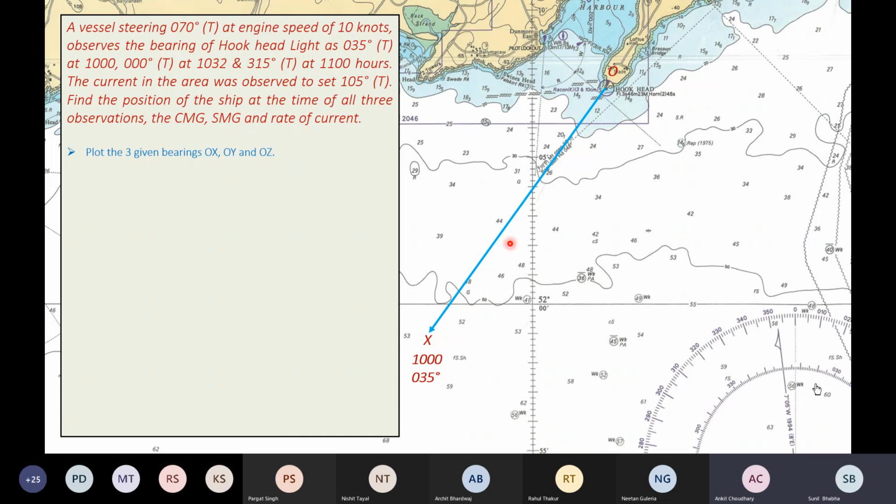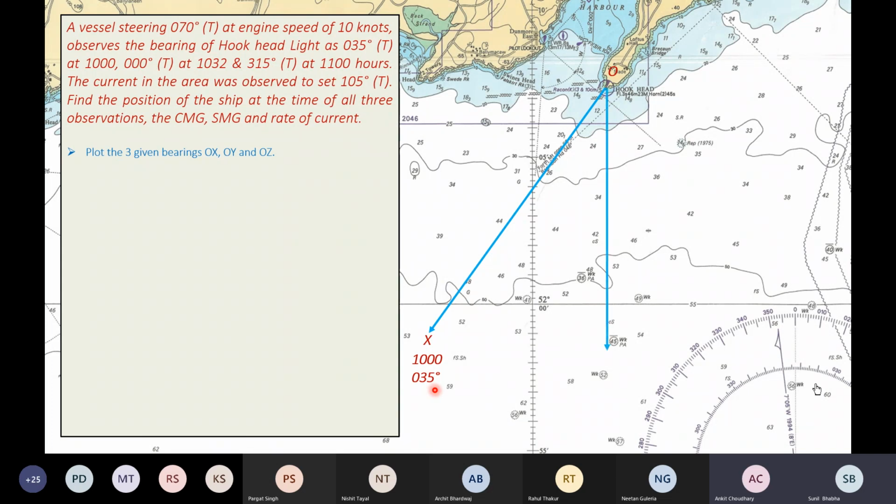Let's mark this bearing as OX. So we can see the bearing on the chart, OX. The time is mentioned along with the bearing line, and the bearing of the lighthouse, 035, is also mentioned.